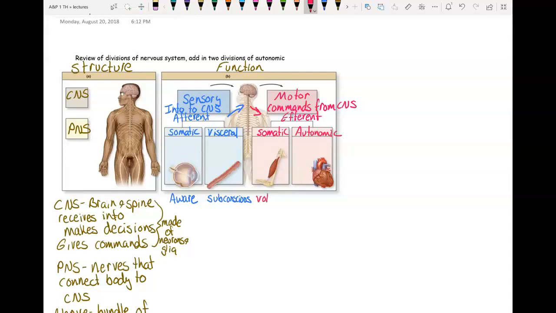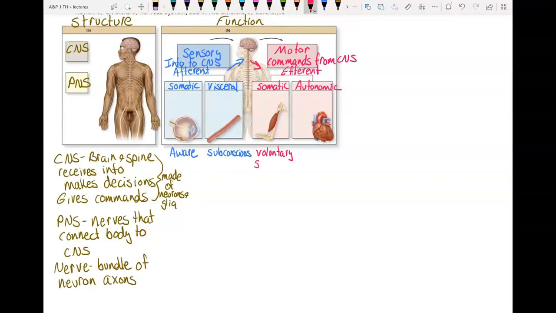Somatic is voluntary. The only thing in your body you have voluntary control of is your skeletal muscles. Autonomic is involuntary. So these are the commands that your brain is giving, but you're not consciously deciding these commands. And the effectors for involuntary are cardiac muscle.